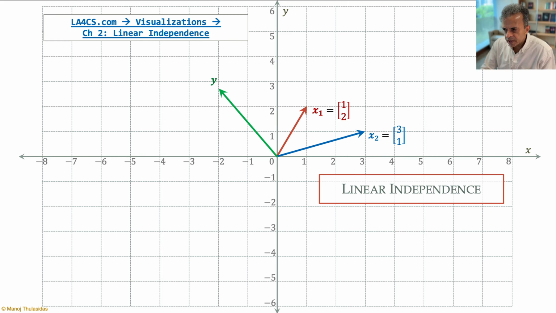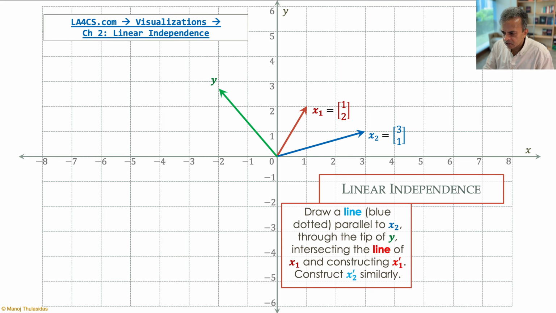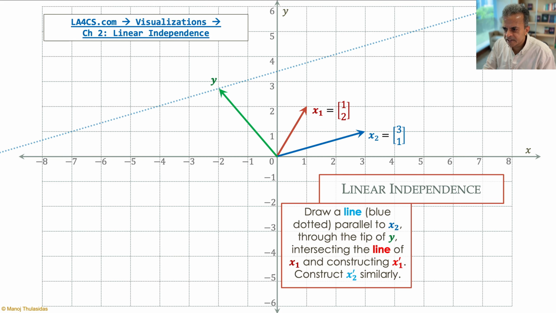What I'll do is draw a line parallel to x2 through the tip of y, meaning I'll draw a line on top of my x2, move it to the tip of y, and then I'll extend my red vector to hit that line.